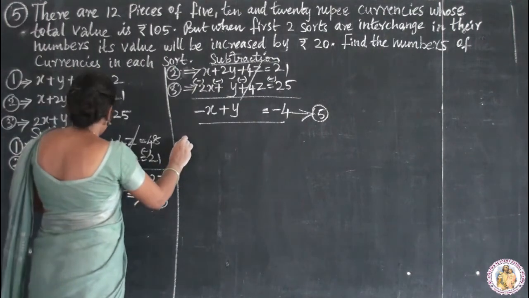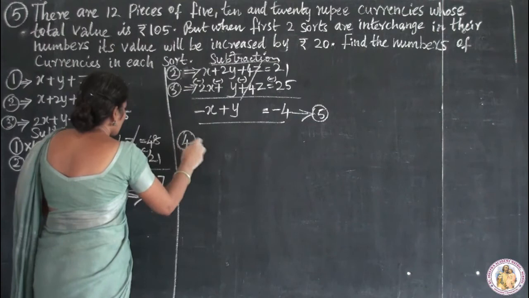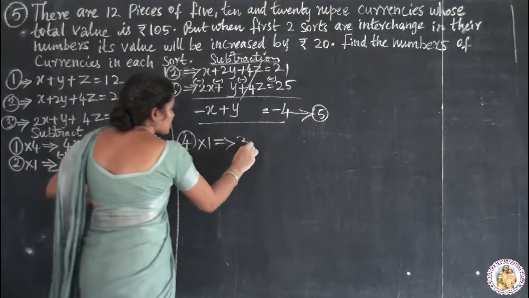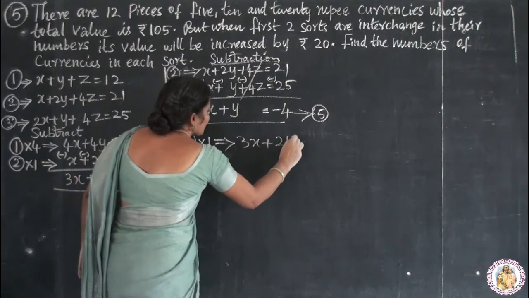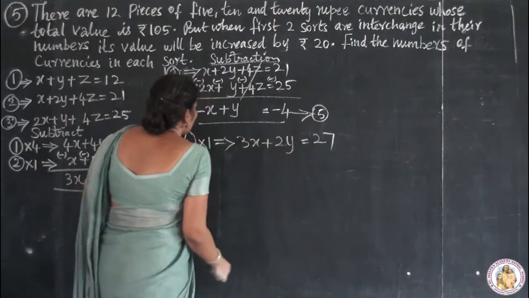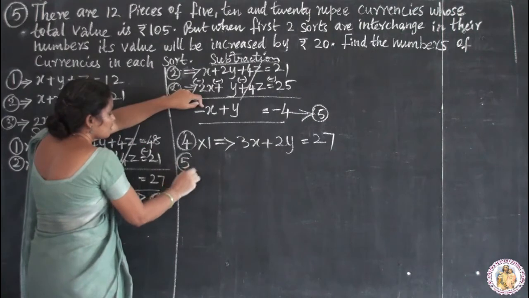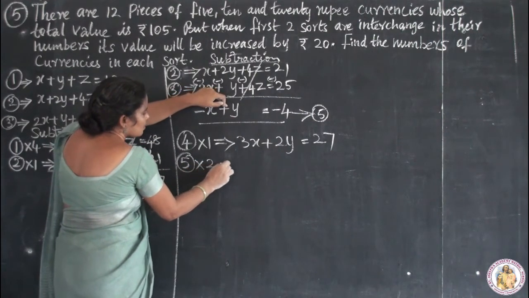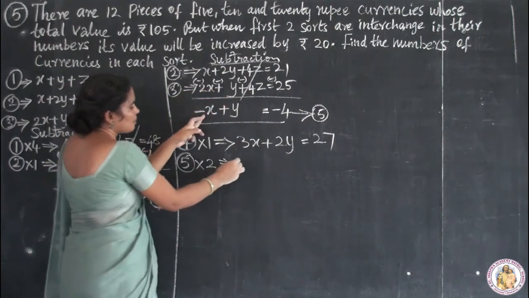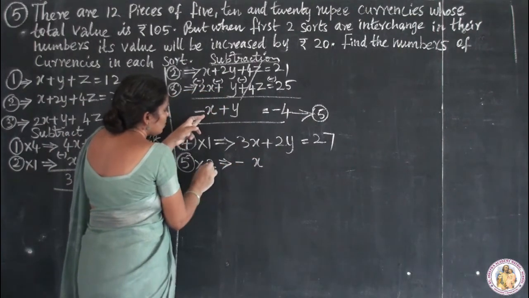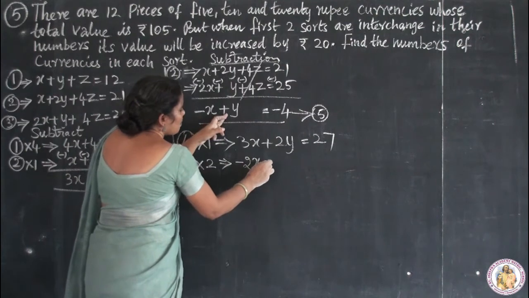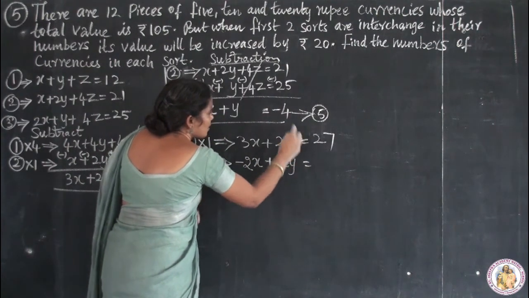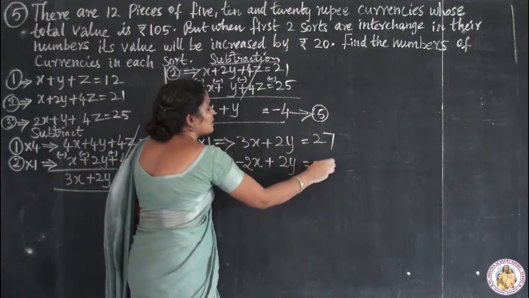So fourth equation as is into 1 gives 3x plus 2y is equal to 27. In fifth equation multiply with 2. So minus x, 2 into x, 2x plus 2 into y, 2y is equal to 2 4s are 8.